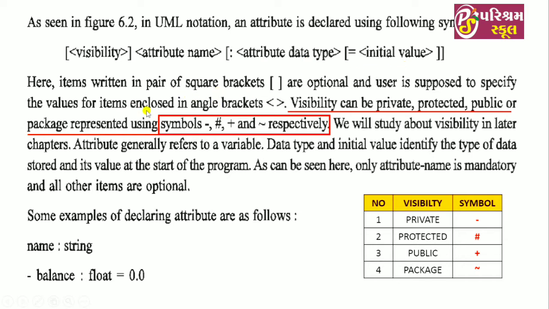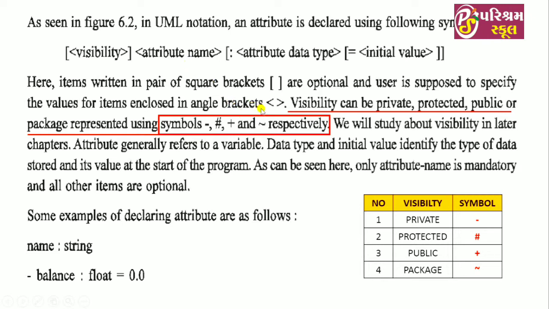If you see over here, whatever syntax is written in square brackets is optional, and the user is supposed to specify the value for items enclosed in angle brackets. Whatever value has to be mentioned by the user is written in angular brackets, and the square bracket is optional.